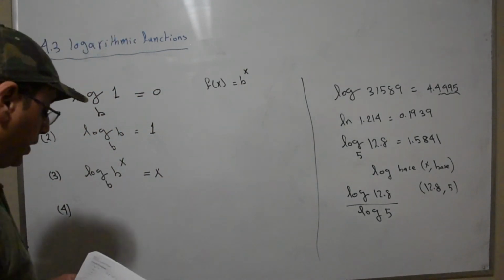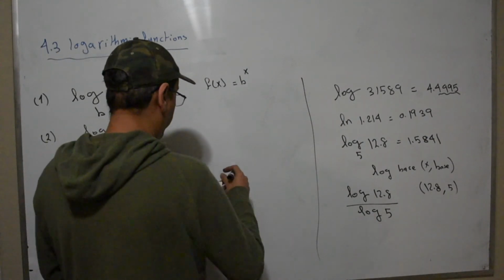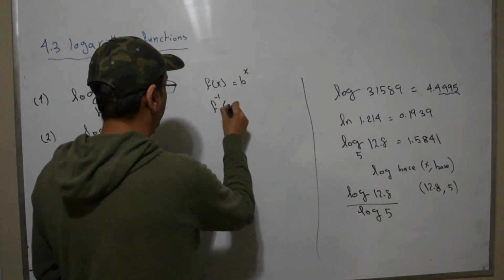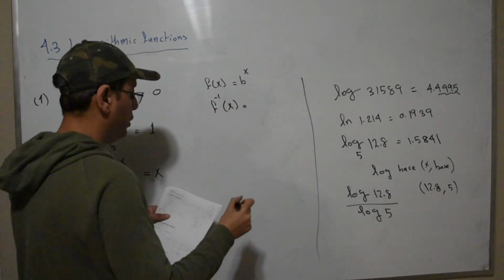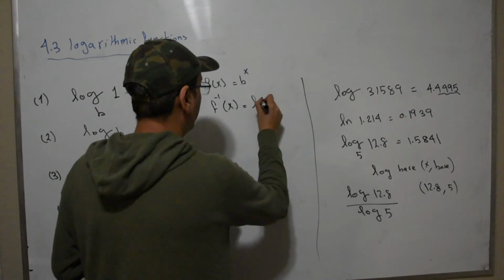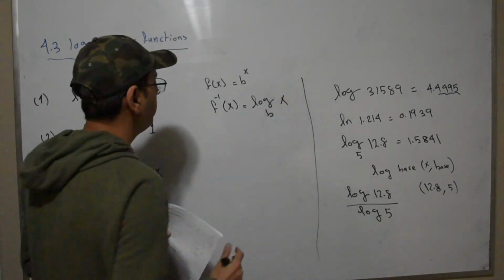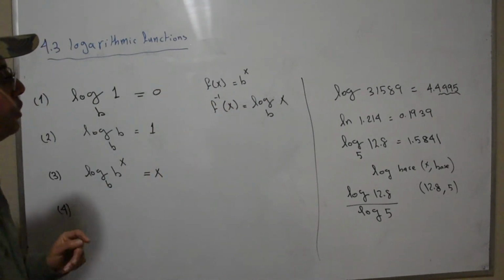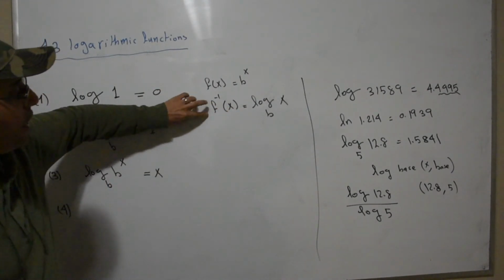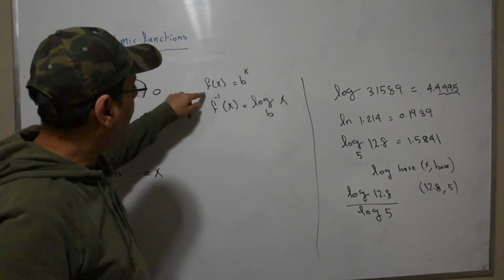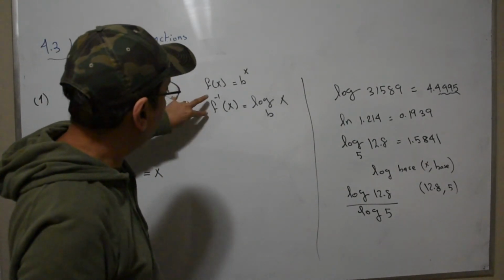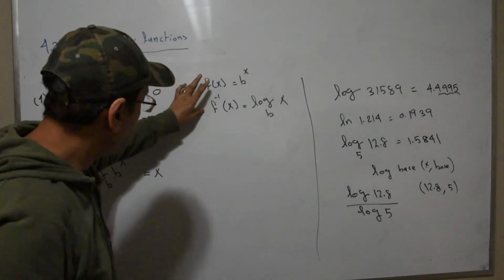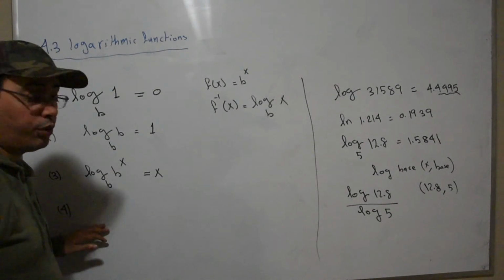And the log function, which is the inverse of the function, f inverse of x equals log base b of x. So this is the log function, and this is the exponential function. But the log function is the inverse of the exponential function, and the exponential function is the inverse of the log function. So based on this rule, I'm going to derive the third and fourth rule.